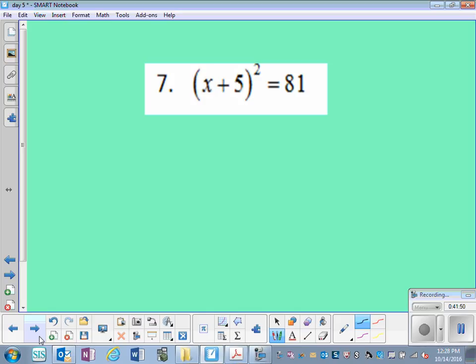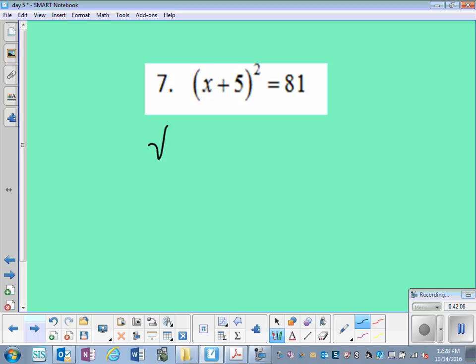Okay, step number 1, get everything that is squared on one side. Do I need to do anything for that step? No, it's already there. Okay, second step is what? Square root, right?